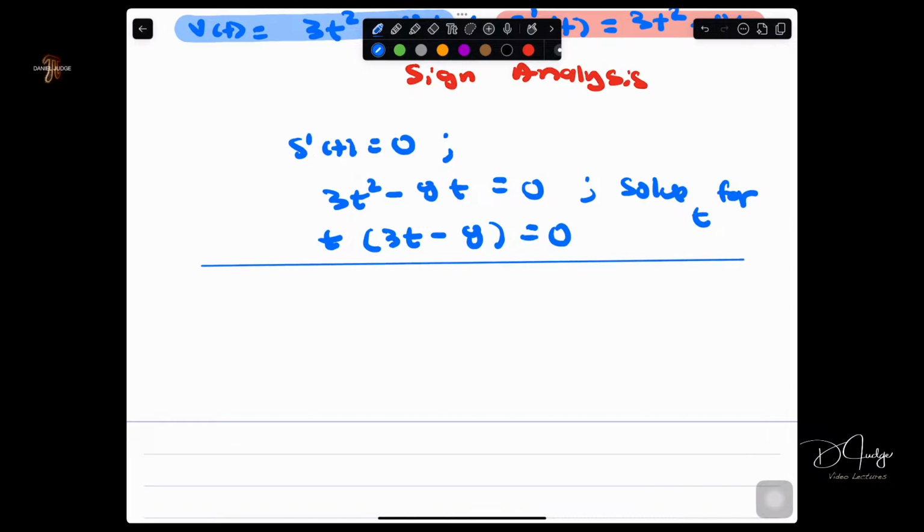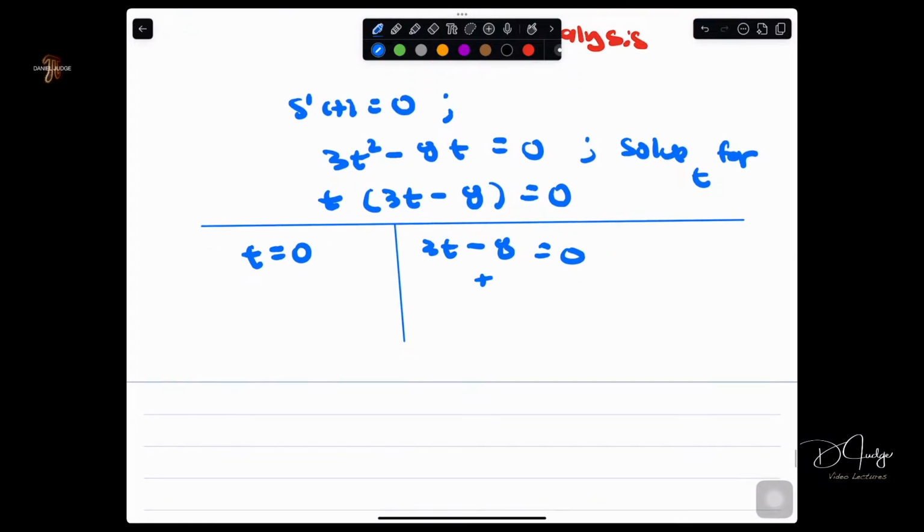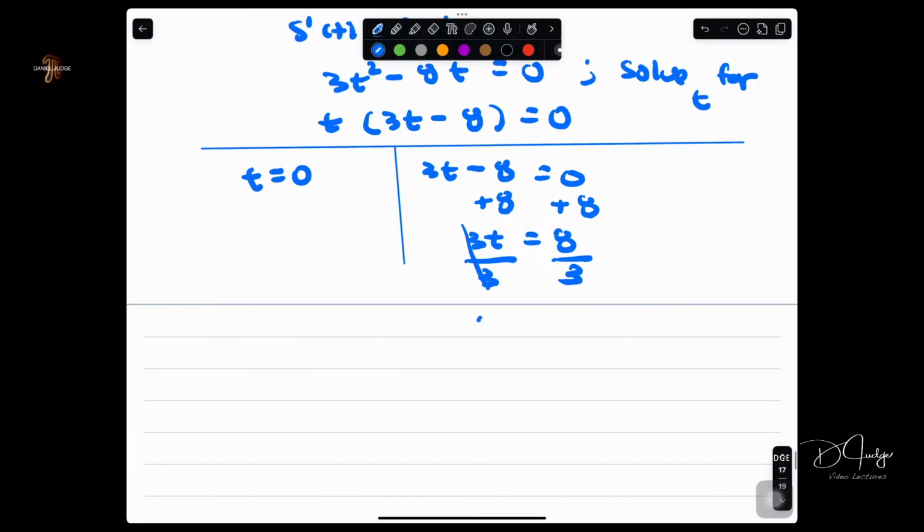Now you use the zero product rule. This means t is 0, or 3t minus 8 is 0. So we're going to solve for t. 3t is 8. Divide both sides by 3. And now you get t is 8/3 here.